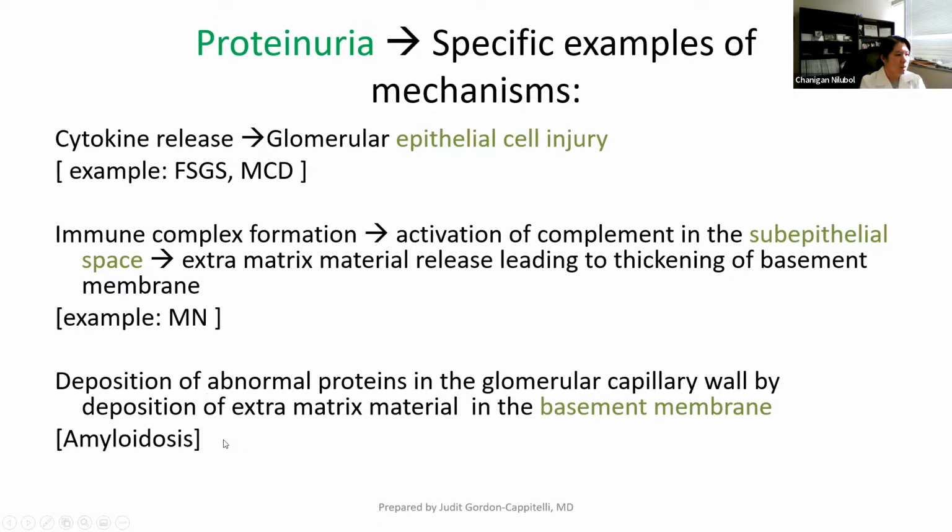Or if there is the deposition of abnormal proteins, for example amyloidosis, that can also lead to abnormalities of the basement membrane and lead to proteinuria. So all of these are diseases that cause nephrotic range proteinuria, more or less.